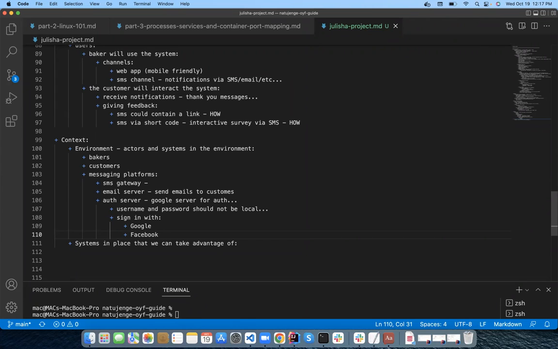I'm just sharing these ideas because even in your other ideas that you'll be working on, you have to think in this frame. So I've just talked about the environment, the actors, and the systems in the environment that you can take advantage of.